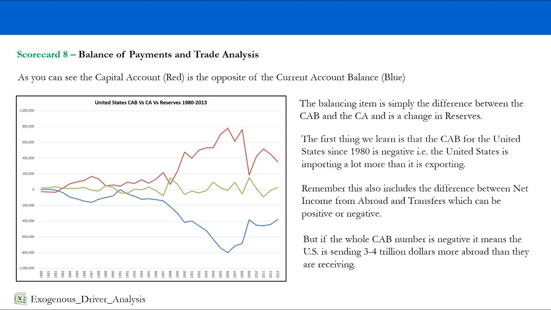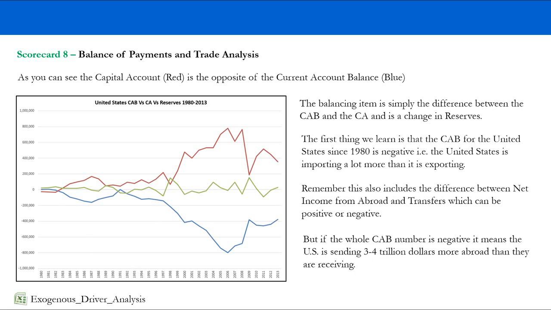The first thing we learn when we look at this is that the current account balance for the US since 1980, so we're charting this from 1980, is negative. This basically means that the United States is importing a lot more than it's exporting in the current account balance. This is the exports minus imports number. So they're essentially importing a lot more.